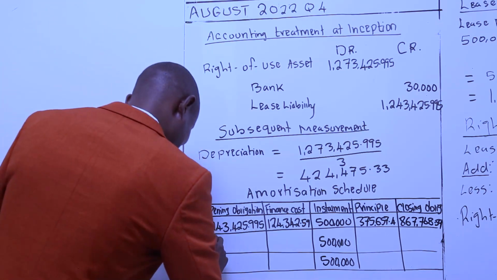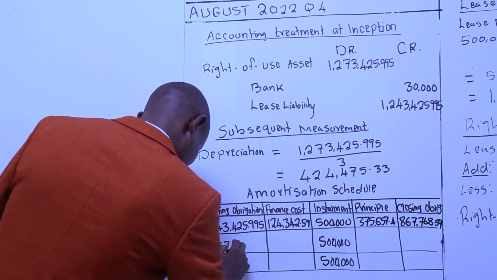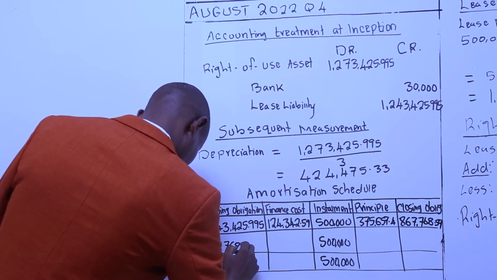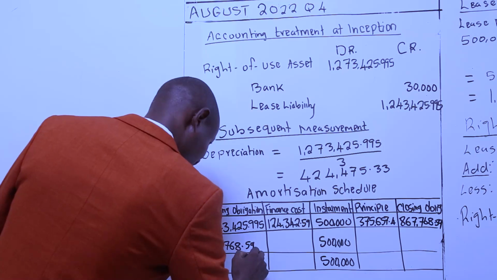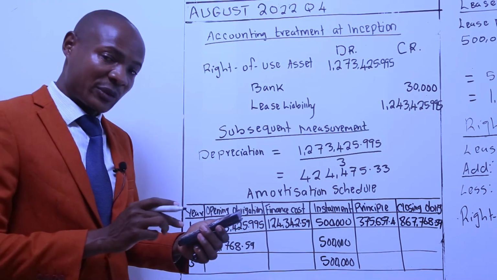So that will be 867,768.59, times 0.1, which is 10%.